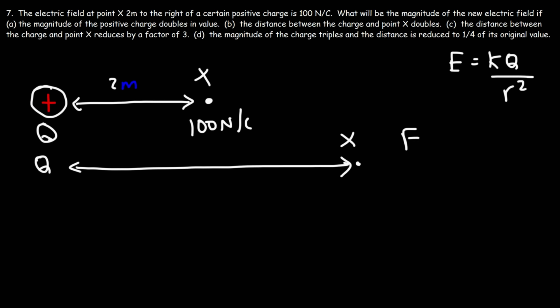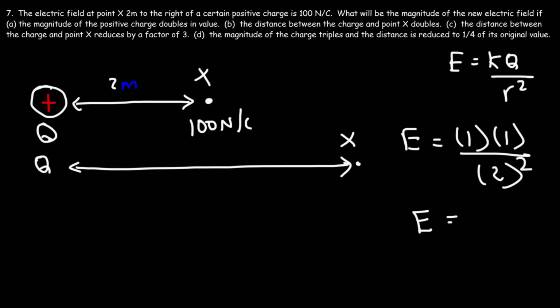So this time, Q doesn't change. K is the same, so we're going to replace it with a 1. Everything that doesn't change, replace it with a 1. Now the distance doubles. 2 squared is 4, so the electric field is going to be 1/4 of its original value. 1/4 of 100, or 100 divided by 4, that's 25.